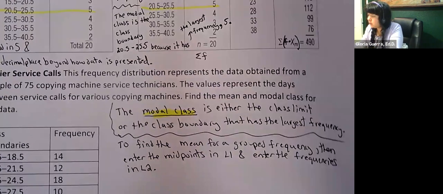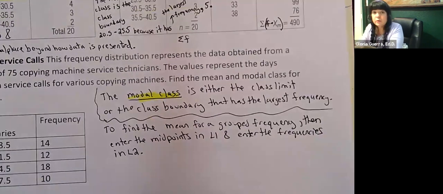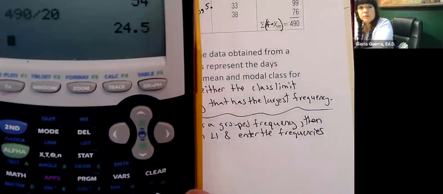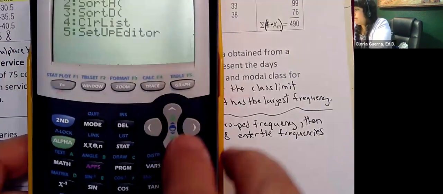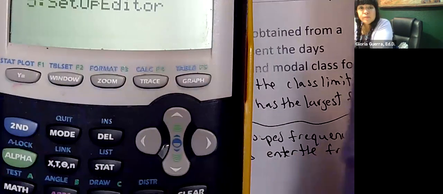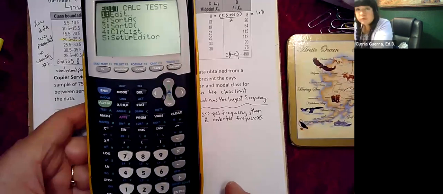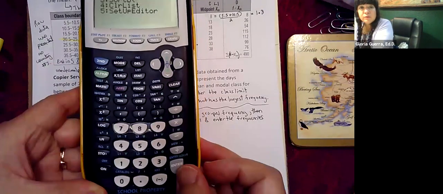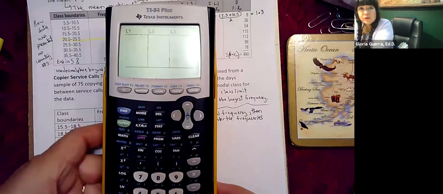So to remember how to do that, you have to go to Stat, and then right here under Edit, one Edit, hit Enter down here. Then you have to clear your data.